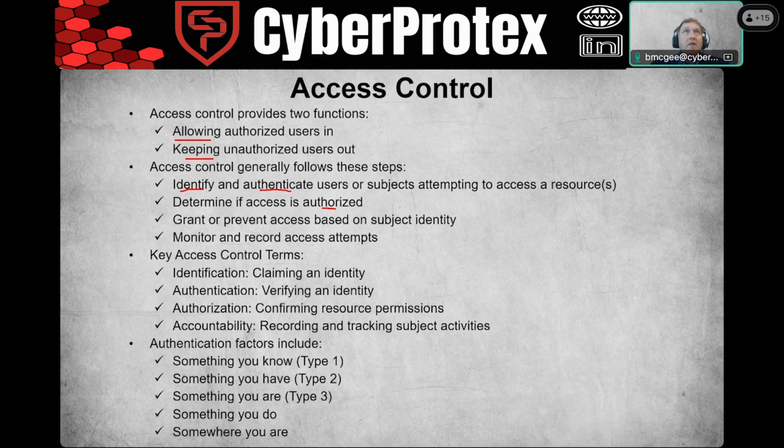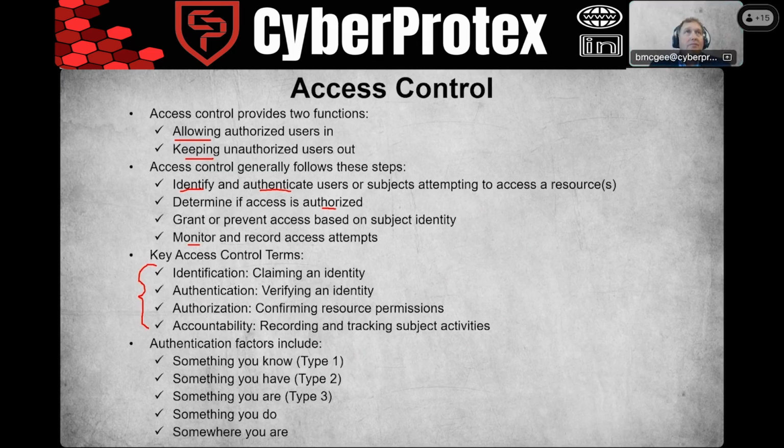And then everything that they're doing while on there, we want to try to monitor and hold them accountable for that. And so we really get into this IAAA that you may be familiar with by now, which is identification, authentication, authorization, and accountability, that really come into play for this. And so how do we do that?